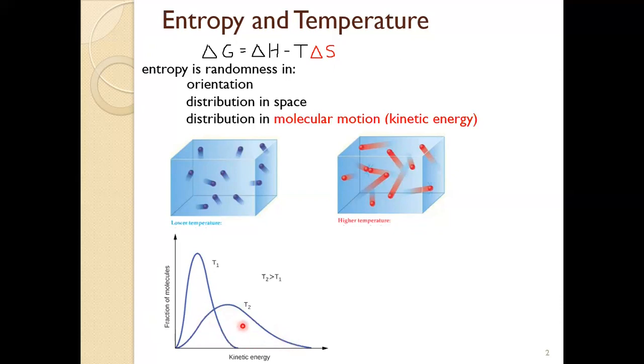This curve gets wider. So everything else being equal, at a higher temperature, not only are molecules on average moving faster, but there's a greater distribution of how fast they are moving, a greater randomness in how fast they're moving, therefore a greater entropy. So everything else being equal, increasing the temperature of a substance will increase the entropy of that substance.